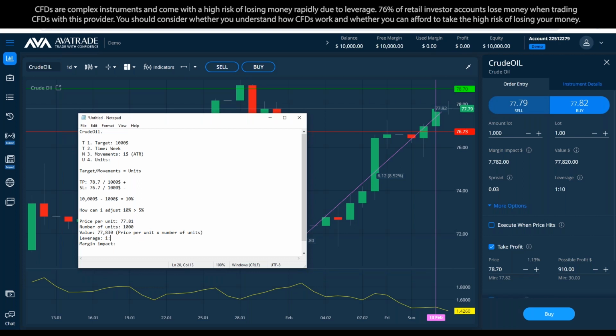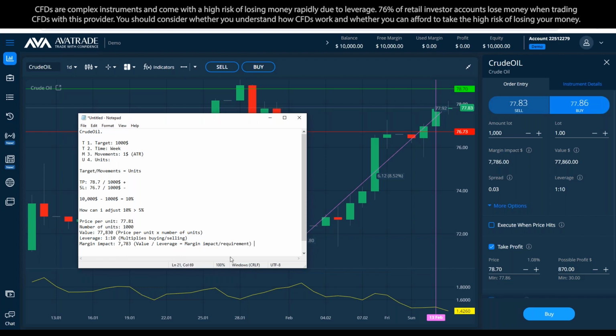The leverage multiplies buying and selling by 10. And the margin impact is the value divided by leverage, which equals the margin impact or requirement.